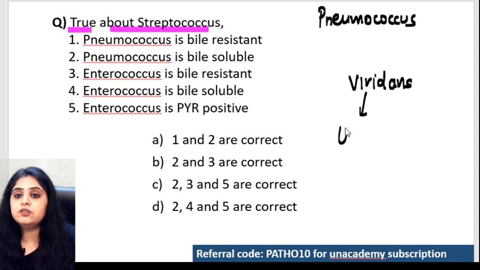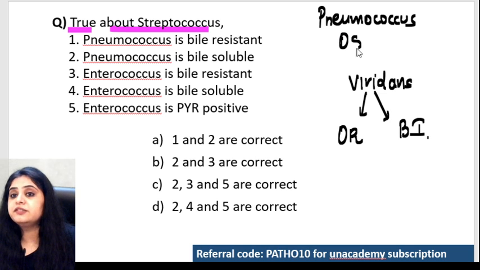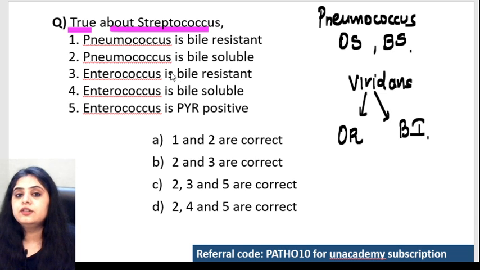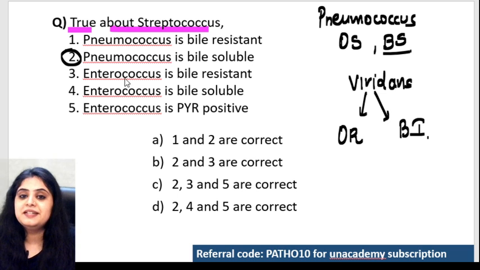Immediately write, viridans is optochin resistant and bile insoluble. So this becomes optochin sensitive and bile soluble. Opposite. Now let's start reading. Pneumococcus is bile resistant? I say it is bile soluble. Okay, pneumococcus is bile soluble. This could be a true statement, I suppose.